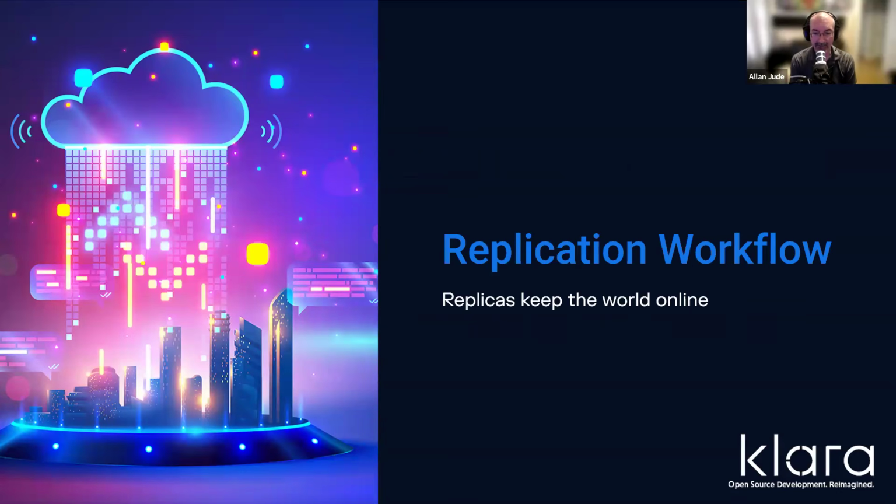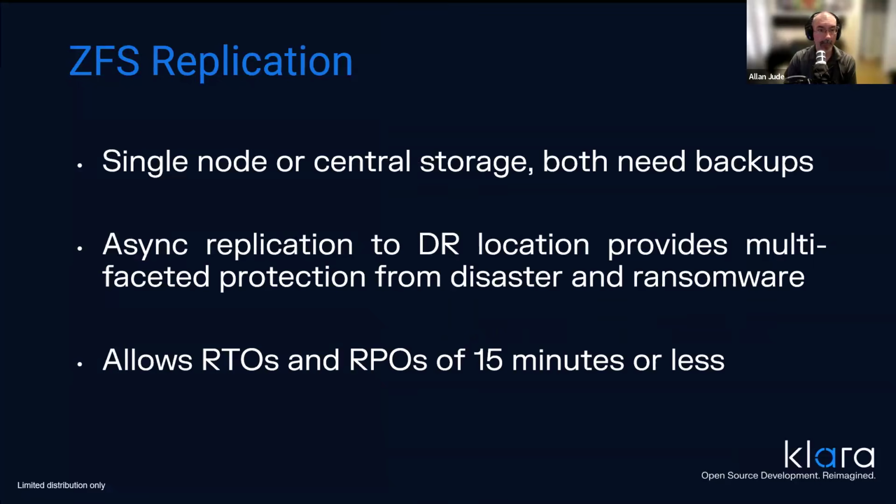So now we're getting into some of the questions we have queued up here from Alexander, talking a bit about how replication will work and how to use that to improve your HA.